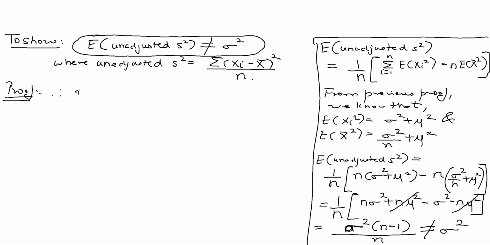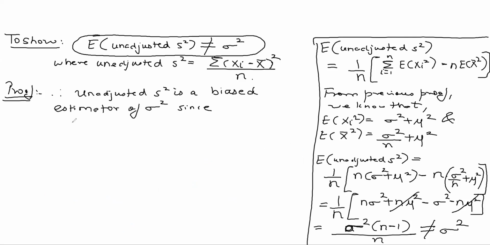So therefore unadjusted s square is a biased estimator of sigma square, since expected value of unadjusted s square is n minus 1 by n times sigma square, which is not equal to sigma square.